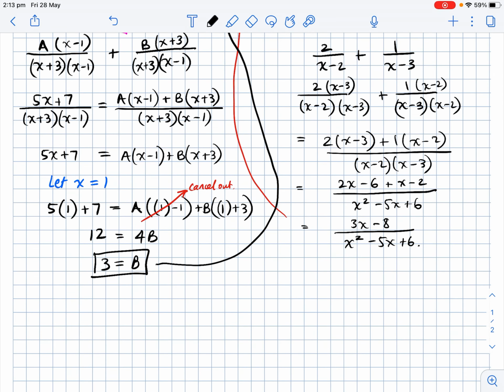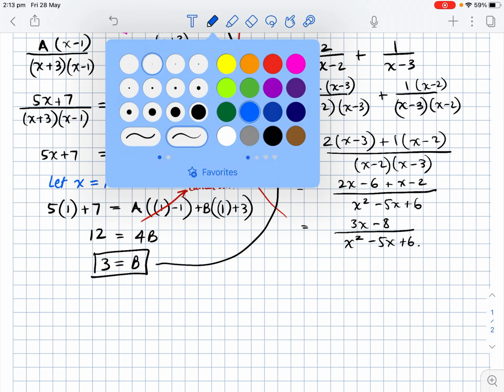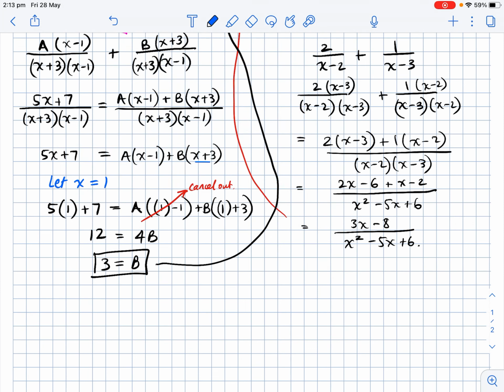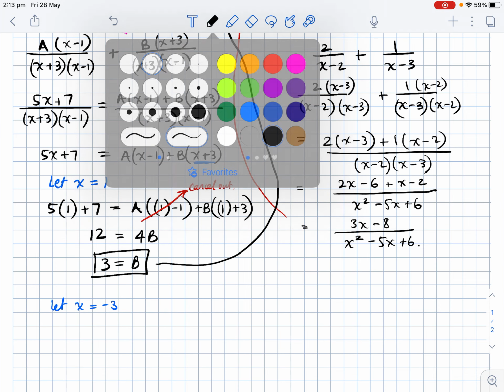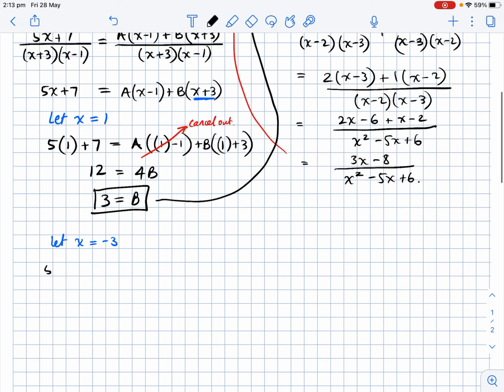We can keep going now, and we're going to repeat exactly that process, except now I'm going to let x equal negative 3 to cancel out the b part in my expression. So that looks like this. I end up with 5 times negative 3 plus 7 equals a times negative 3 minus 1 plus b times negative 3 plus 3.